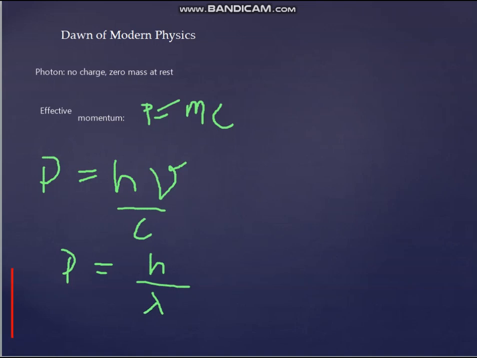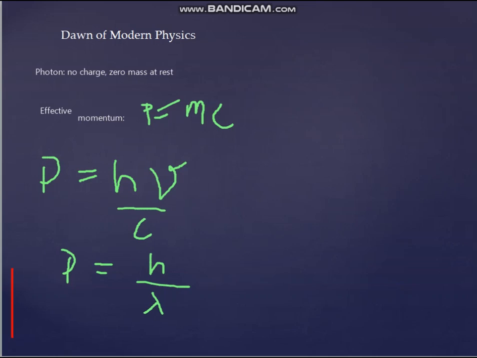And the momentum of the photon is because of the effective mass, which is due to motion. These are the three formulas that we have discussed up till now.